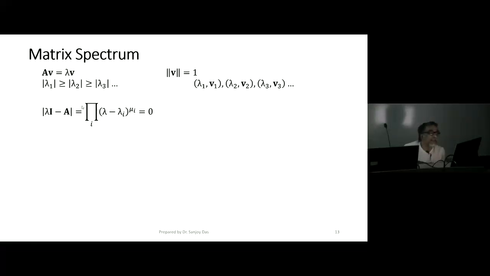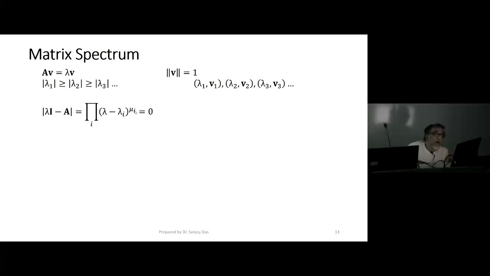This is the characteristic polynomial. We get the eigenvalues by equating the characteristic polynomial to 0. The roots of the characteristic polynomial are the eigenvalues. The characteristic polynomial might have multiple roots lambda i, with mu i equal to 1, 2, 3.